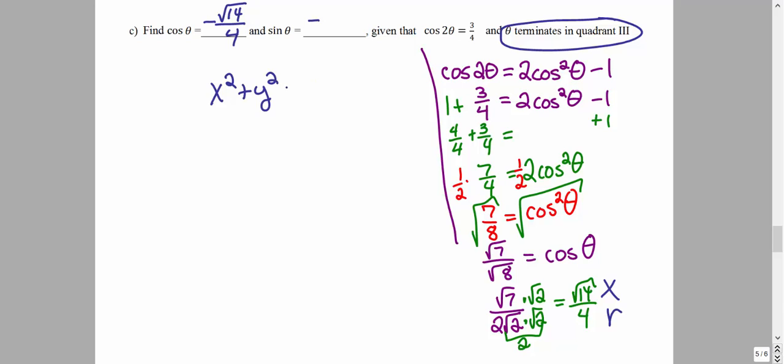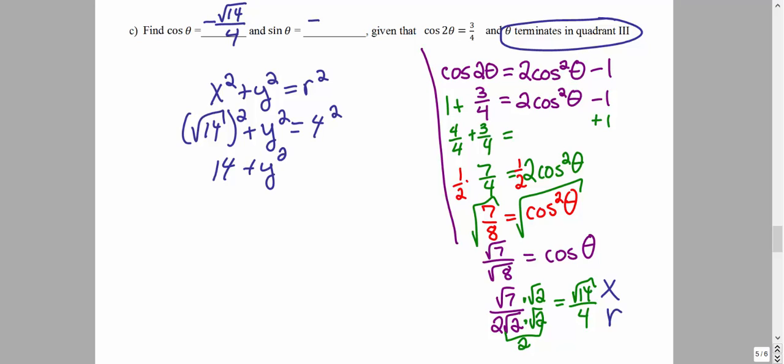X squared plus y squared equals r squared. We're going to fill in the information that we know. X is square root of 14. We don't know y. And r is 4. So square root of 14 squared is 14 plus y squared equals 4 squared, which is 16.